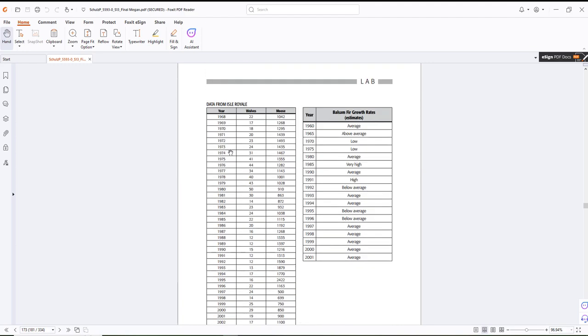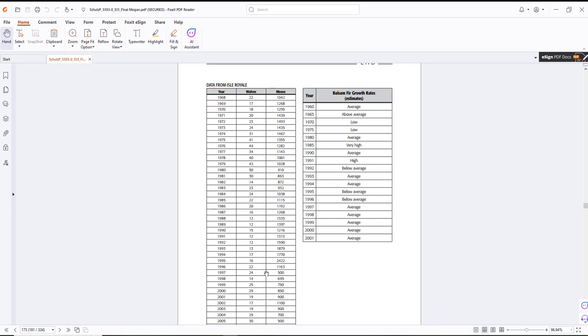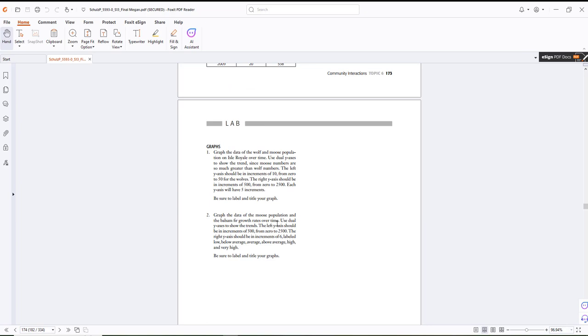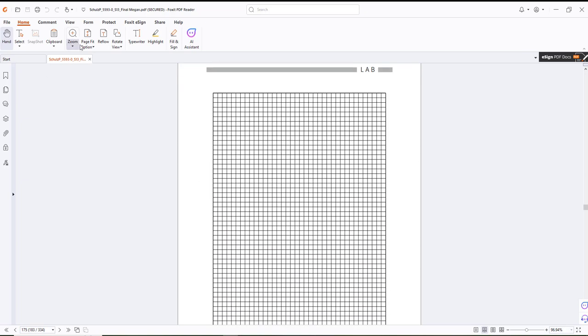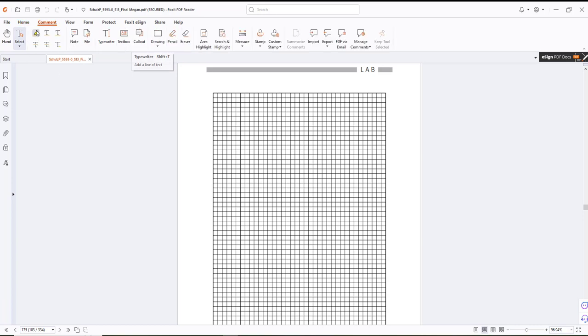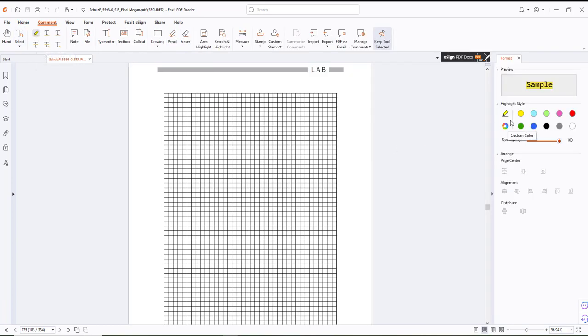Okay, so you're going to graph the populations. You can see here that's quite a bit. You have a lot of data to graph. So we have the year, the wolves, and the moose. And it says here you're going to do dual axes, dual y-axes. I don't have the best tools here, but I'll try to do this as best I can.